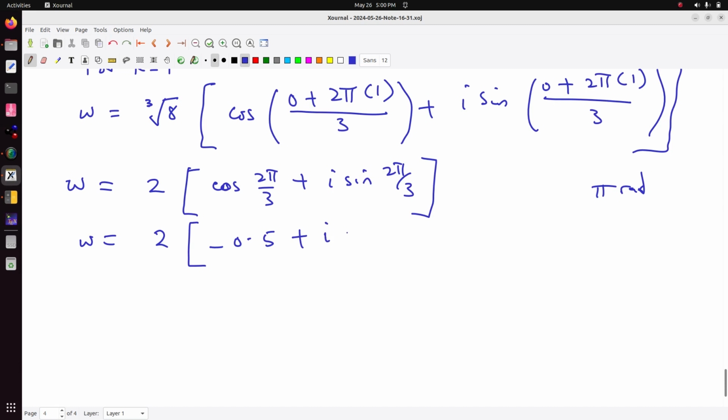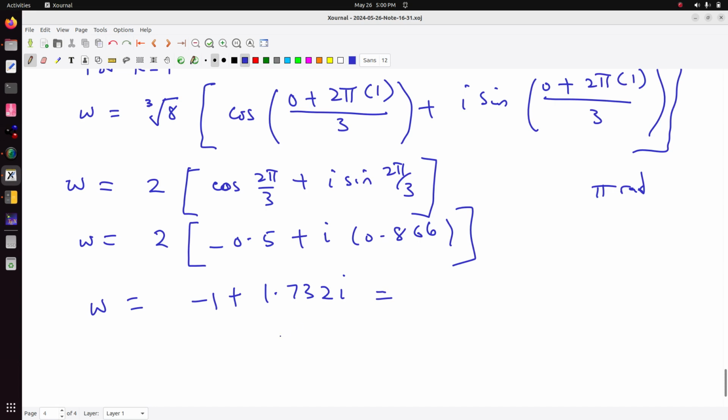Then plus i sine 2 pi over 3, sine of 2 pi divided by 3, that is 0.866. So it means this will be 2 times minus 0.5, that will be minus 1, plus 2 times 0.866, that is 1.732 i, and 1.732 is the square root of 3.